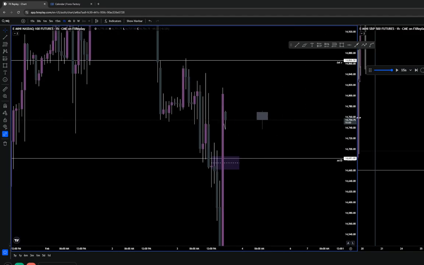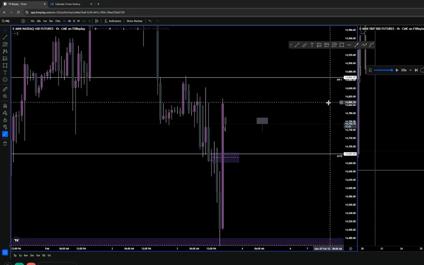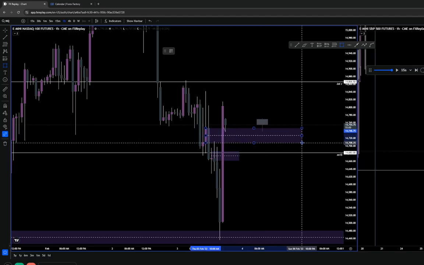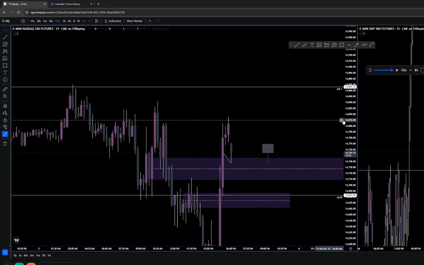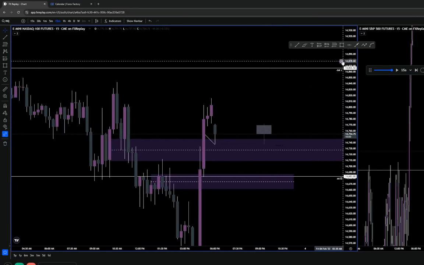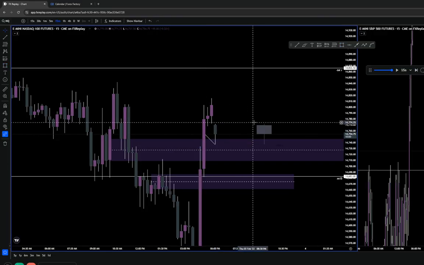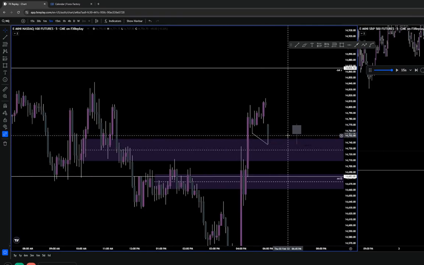Yeah, and we did retap this CISD area here. Was retapped. Rejected 15 minute fair value gaps, holding the CE as well. Rejecting CE. Let's see 5 minute. Yeah, alright.